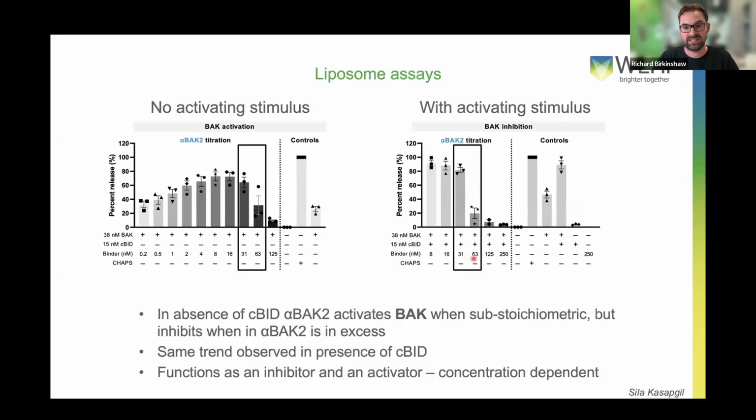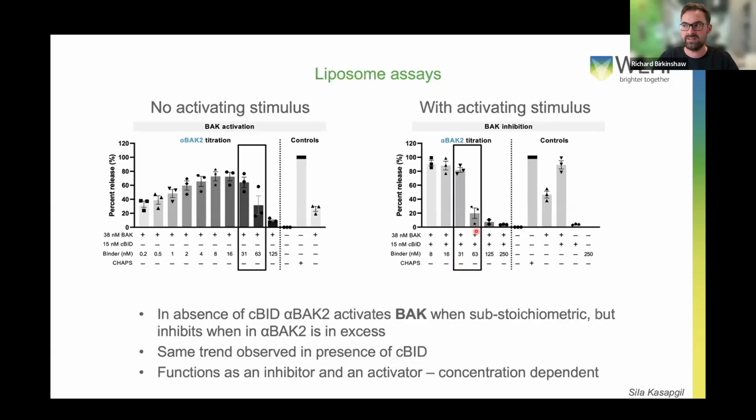However, when we hit that similar threshold, around 30 to 60 nanomolar concentration of anti-BAC, we started to see this inhibition, like what we saw when there was no activating stimulus present.